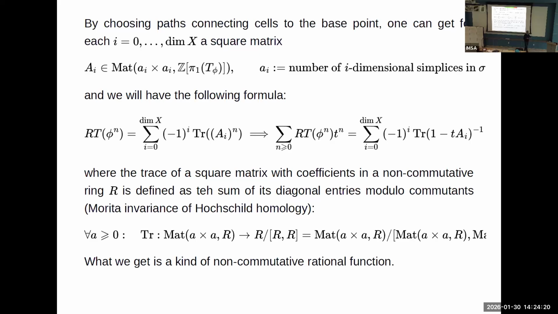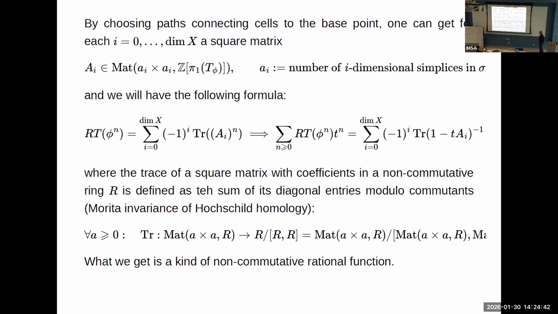What does it mean? It's a matrix with coefficients in a non-commutative ring. When you have such a matrix, you take the sum of its diagonal terms, but it's not an invariant notion. You consider it modulo commutators. It's well defined, in a really basis-independent sense.